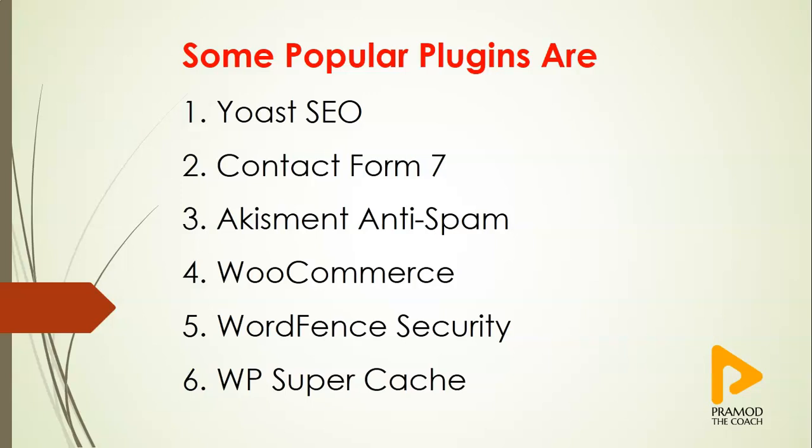If you are running an e-commerce website, then this plugin is very essential. Then for security purposes, WordFence Security. Then to keep our website fast, to keep our cache memory clean, you need WP Super Cache.